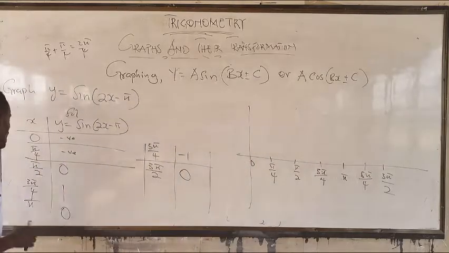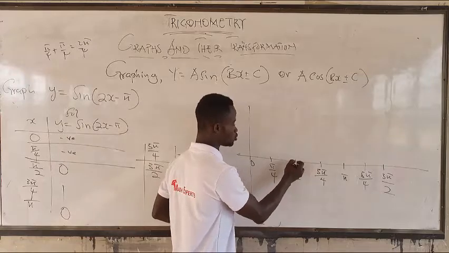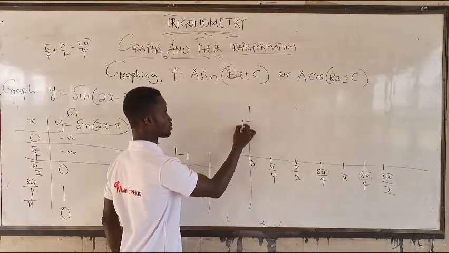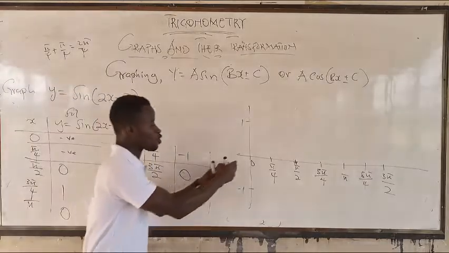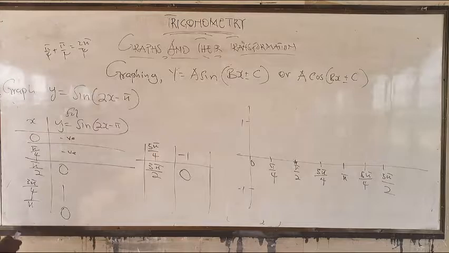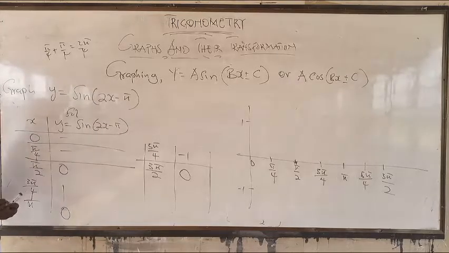That is why at pi on 2 you have 0. But the maximum is 1 and the minimum is negative 1. So this one is shifted from the origin. That's why I said that with this, you just ignore it, because we are focusing only on the positive side.